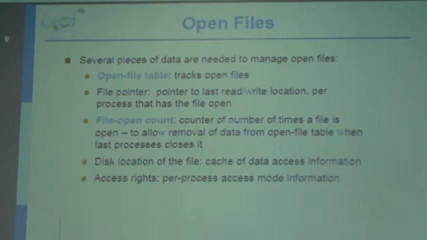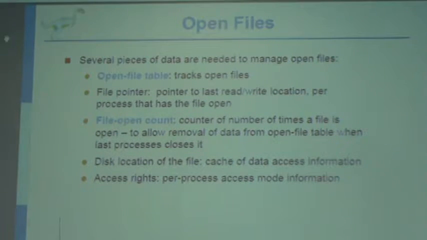Each process may open many files, so it will have a lot of entries. This table, named the open file table, will store all the entries. Also, it has a file pointer pointing to the last read location per process that has the file open. It's similar to the position pointer I just talked about.